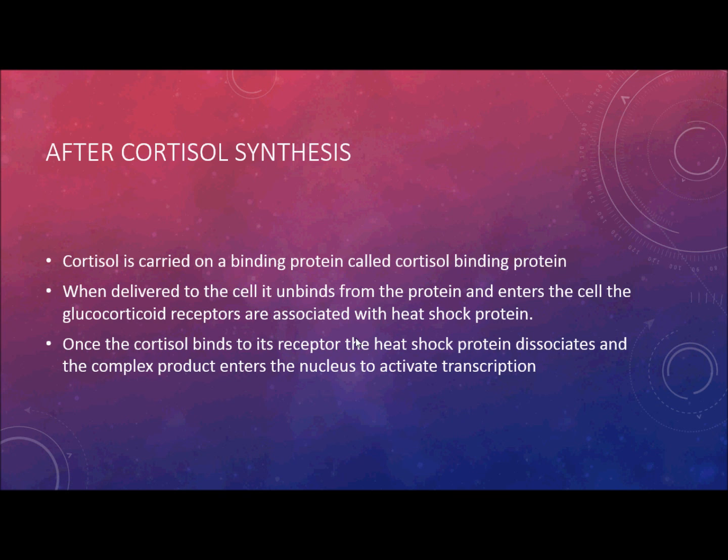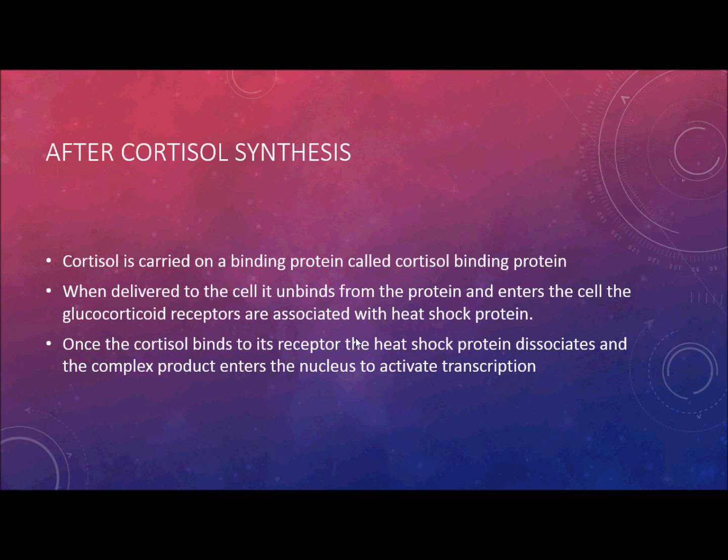Heat shock proteins are a special kind of proteins that bind to certain receptors. It's a huge family. It binds to a lot of kinds of proteins inside the cell. It preserves the essential parts of the cell from any heat treatment or cold treatment throughout the vitality of the cell.